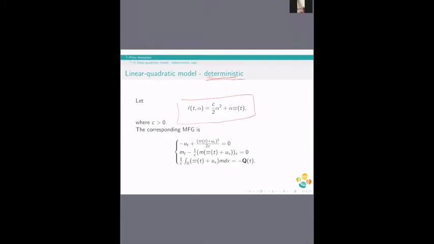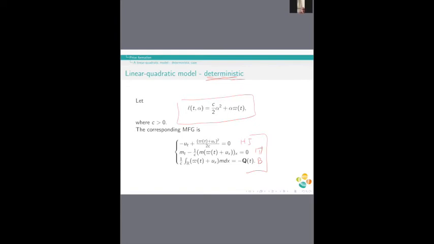Quadratic Lagrangian. This is the coupled Hamilton-Jacobi equation, the transport equation, and let's call it the balance condition. These are the three equations that we need to solve.